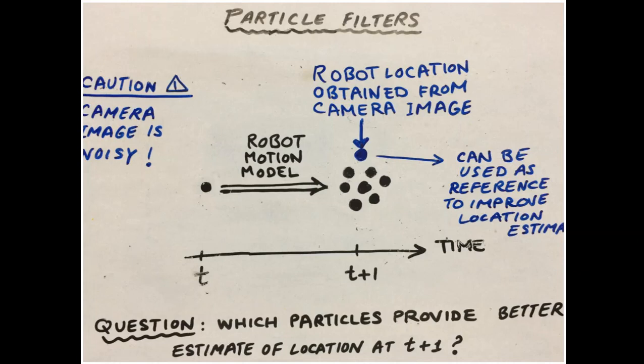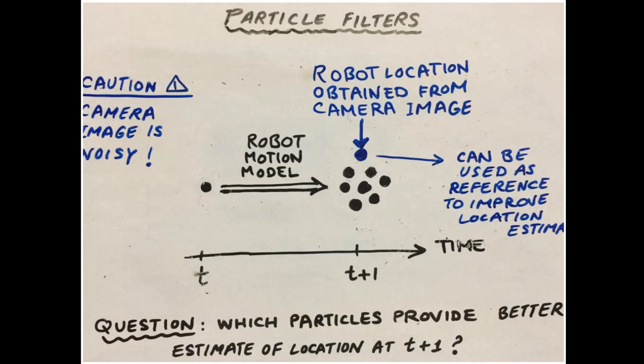So we need to have a method of gradation. We're going to assign a grade or a weight to the particles based upon their contribution to the estimate. Some of these particles will be representing an estimate of the actual position of the robot much better than the others.